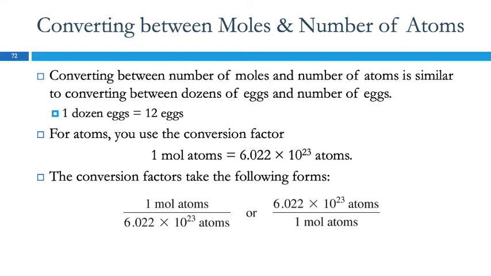We're still going to do that pattern where we put all the units in first, and then we stick the numbers in. You've got moles of atoms on top and atoms on the bottom, and sometimes you're like, I don't remember which one the number goes with, right? Mole is like dozen, atoms are like eggs.